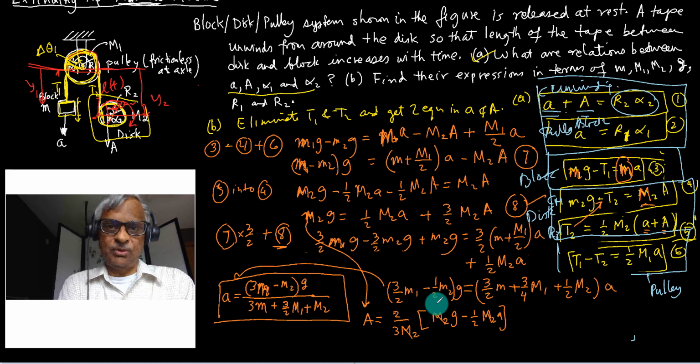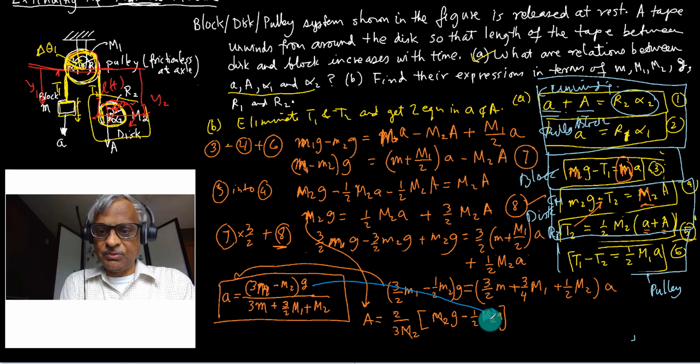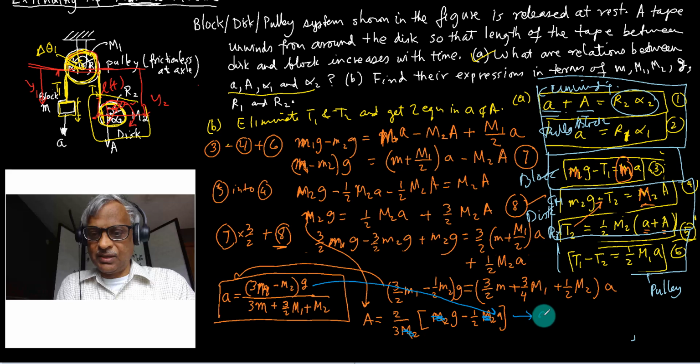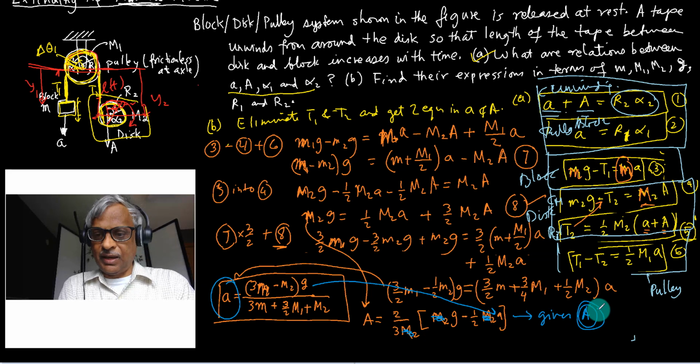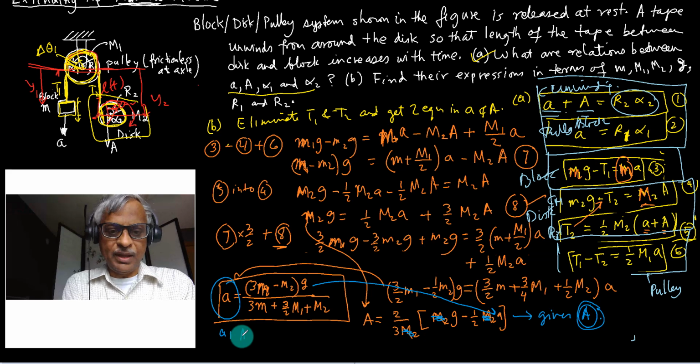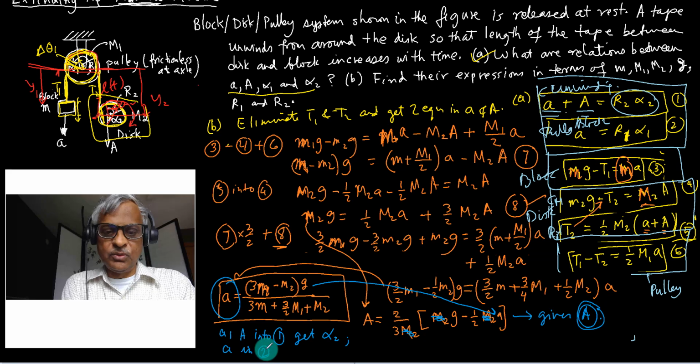So now I'm not going to complete this work for you, you can put it in here. Of course the m's are cancelled out here and simplify, so this gives a. So I have a and capital A. Now if I put this into 1, a into 1, get alpha 2, a in 2, get alpha 1.